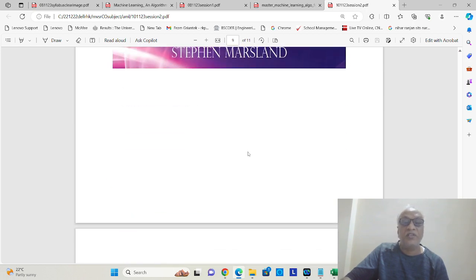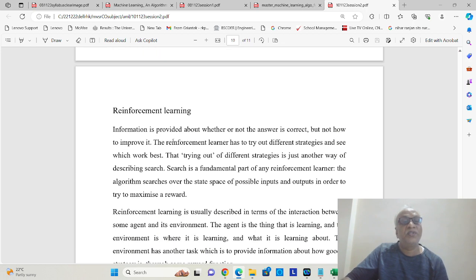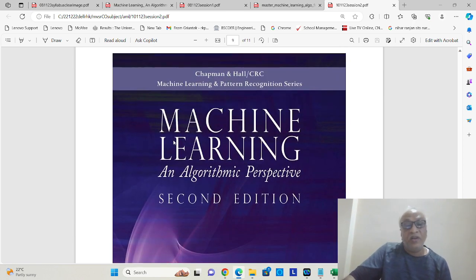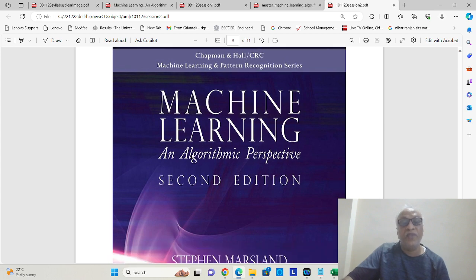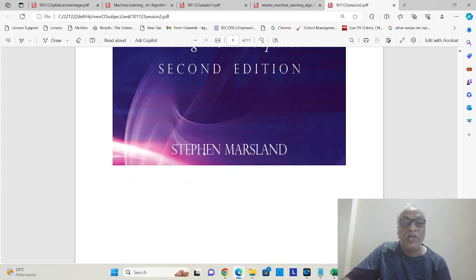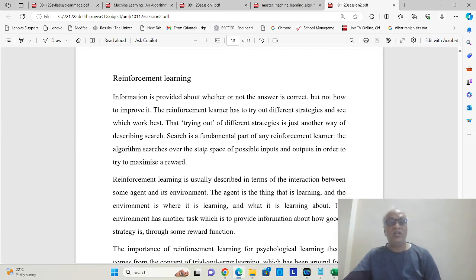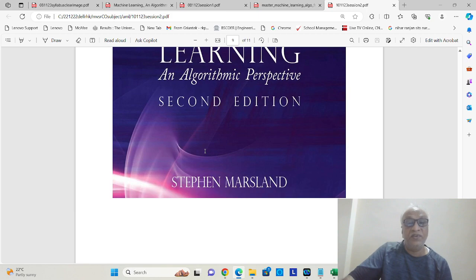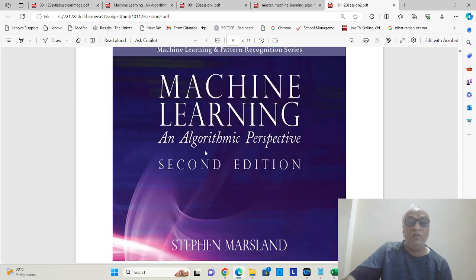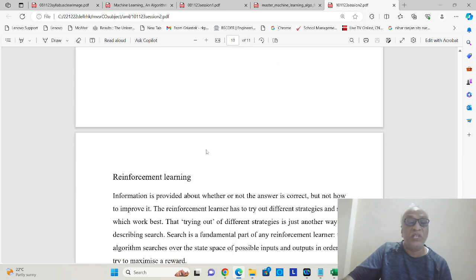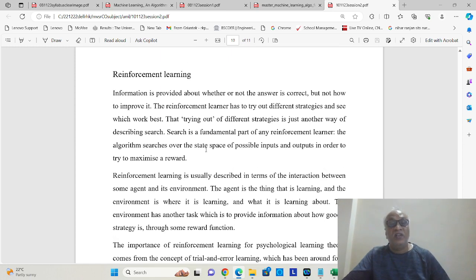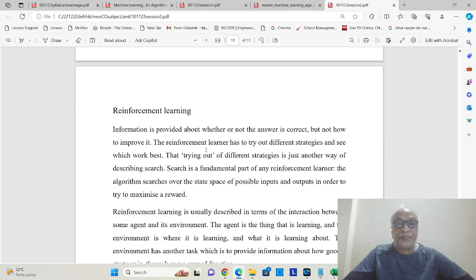Now for the next topic from the syllabus as an introductory part, reinforcement learning. I have referred to the book Machine Learning: An Algorithmic Perspective by Stephen Marsland. What Stephen Marsland says about reinforcement learning is presented here.